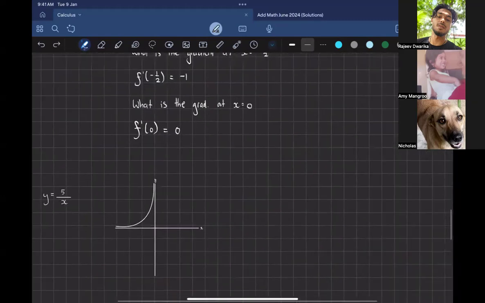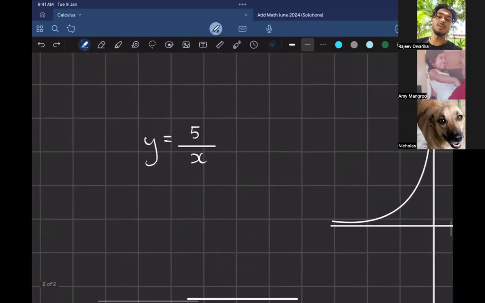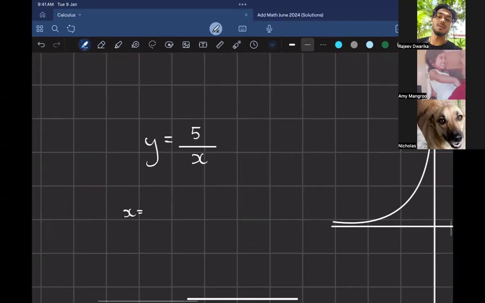Now, this graph here is not the exact graph for this, but we're just saying it is for explanation's sake. Let me see what happens as x gets smaller and smaller. So when x is equal to 1, what is y equal to? It's 5 over 1. 5 over 1 is 5.